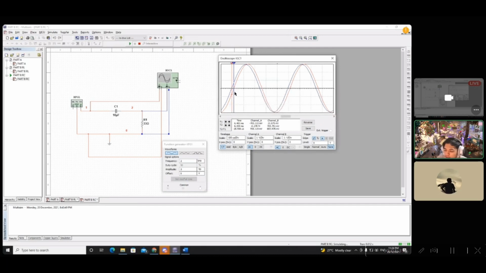That's the value. So you will get the difference between the two signals: T2 minus T1 equals 18.906 microseconds. So this is the y. For the d, which is the period, you must find it for only one signal because they share the same period.